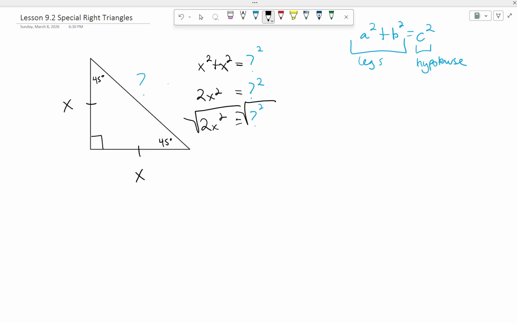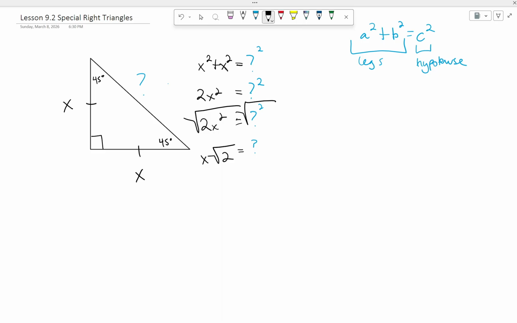Now, on the right side, the square root of the question mark squared is just going to be the question mark. The square root of x squared is just going to be x. And then rad 2 is going to be stuck inside the radicand, and that's what this question mark is going to be equal to.